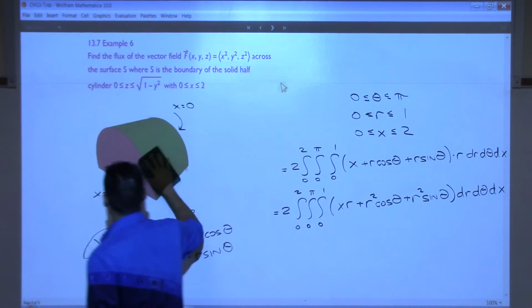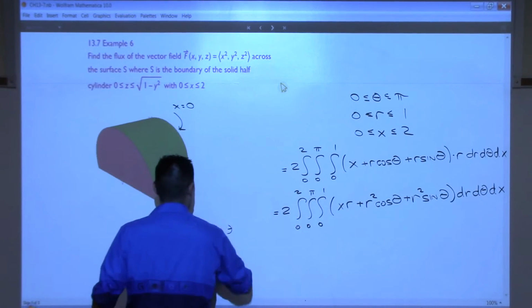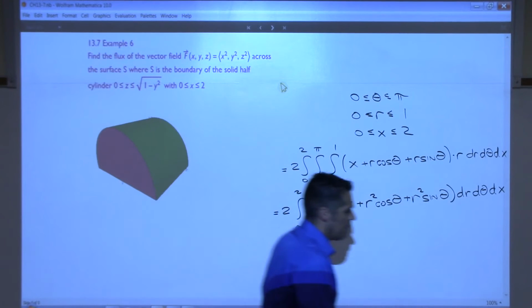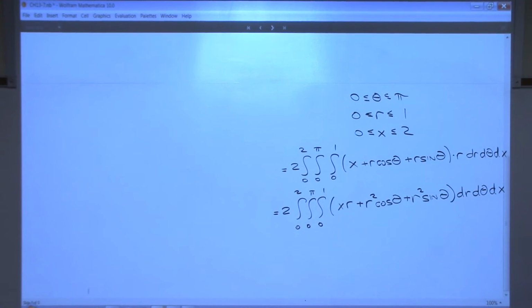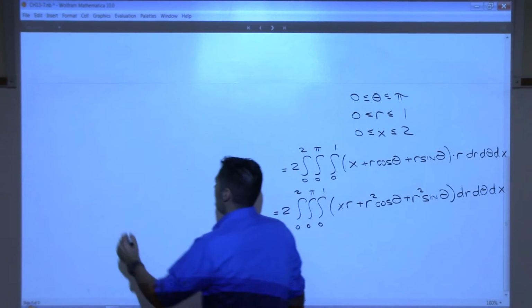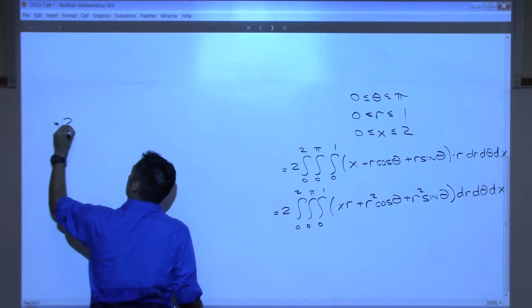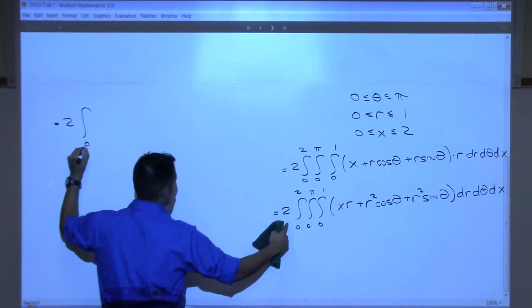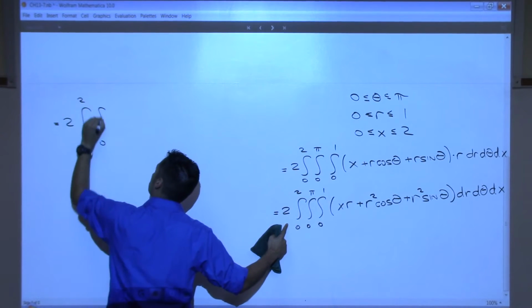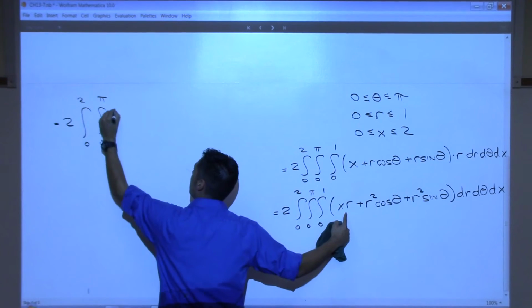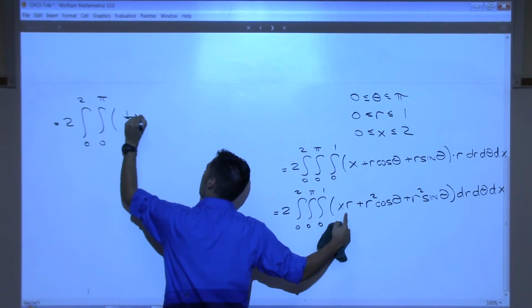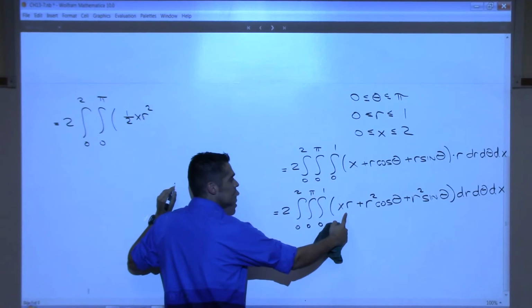I don't think I need this picture anymore. I need the space, though. Equal to 2 integral 0 to 2 integral 0 to pi. Okay, antiderivative of this with respect to r is 1/2 x r squared. Yeah?